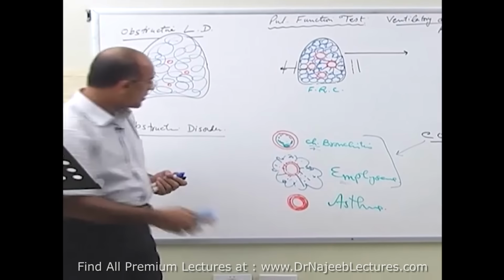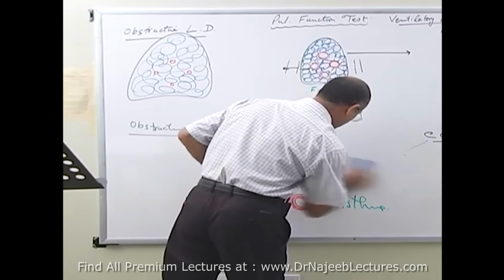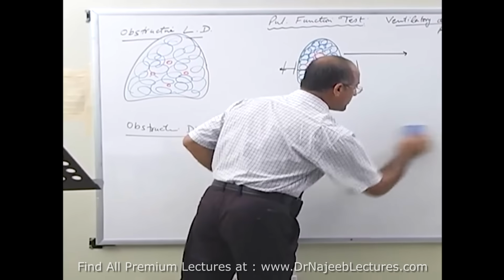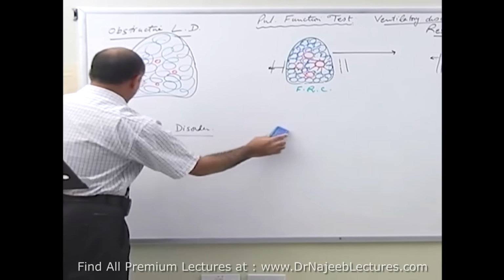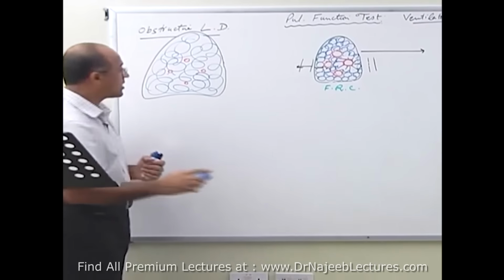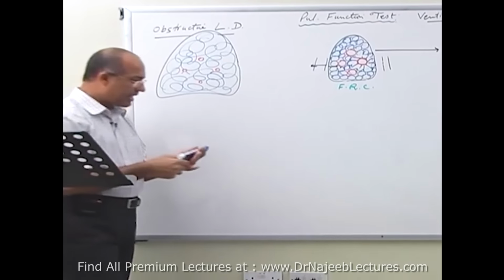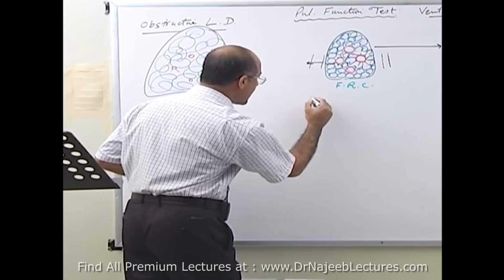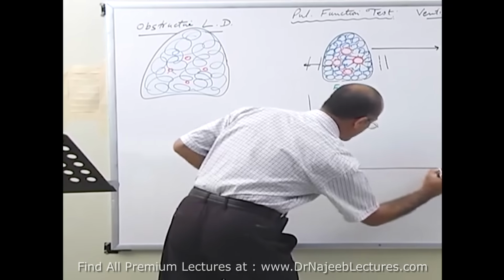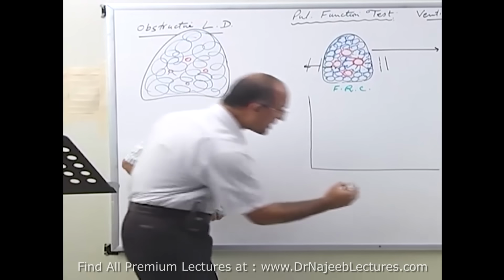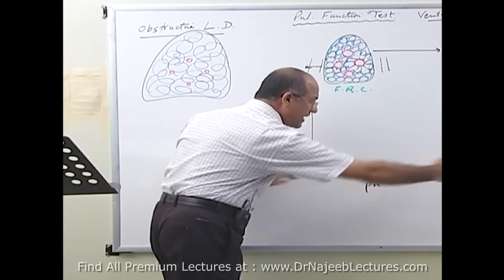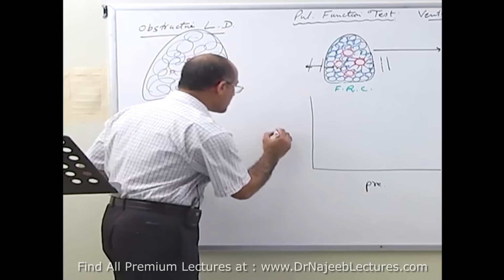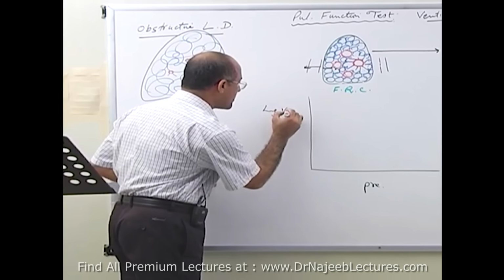Now, if we have discussed this thing, let's compare the compliance of these three lungs on a single graph. Let's suppose here we put the pressures which expand the lung, and here we put the lung volumes.